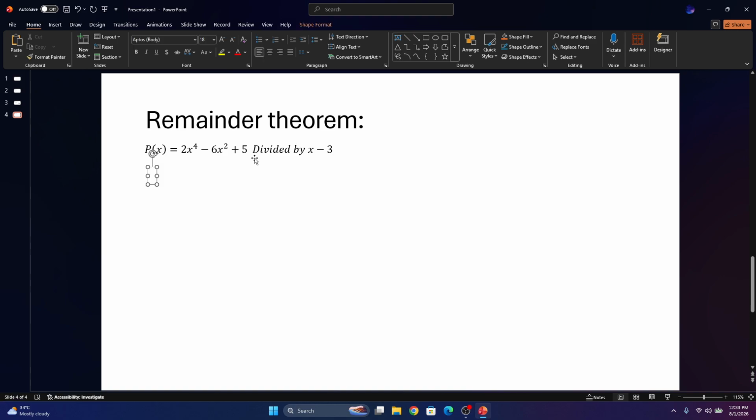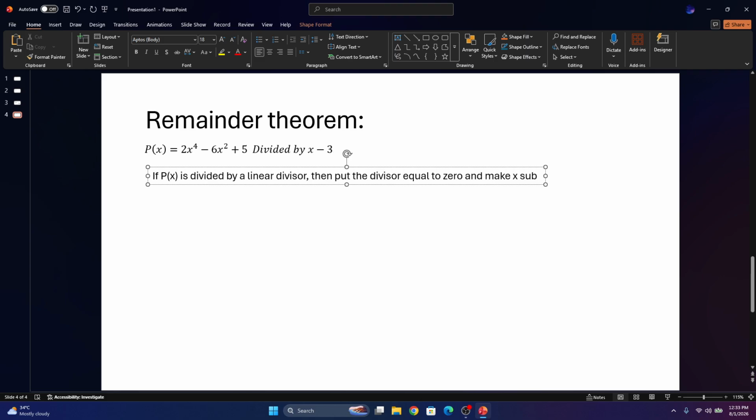And what the remainder theorem actually is, is that if p(x) is divided by a linear divisor, then put the divisor equal to 0 and make x the subject and use that value of x to find the remainder.